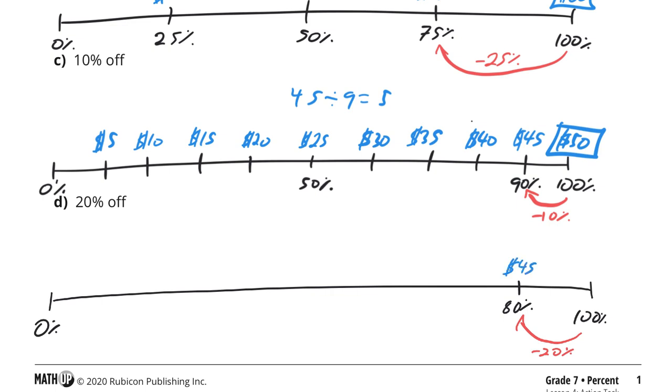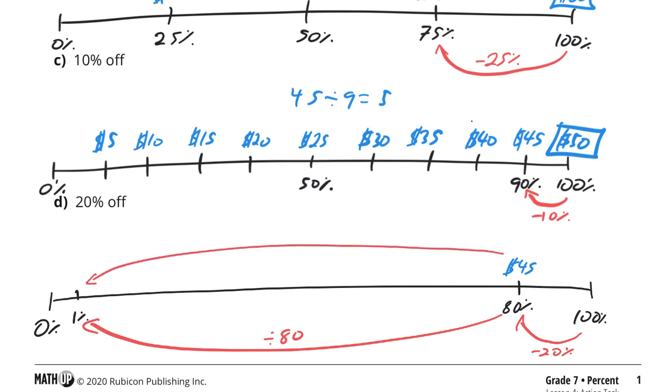The difference that we're going to do here is we're going to divide both the top and the bottom by 80 so that we can figure out what 1% is, right? Our goal is to get to 1% over here. And so we're going to take one giant leap over there by dividing by 80%. Okay, we're just going to divide by 80, and we're going to do the same thing on top to figure out what 1% is.